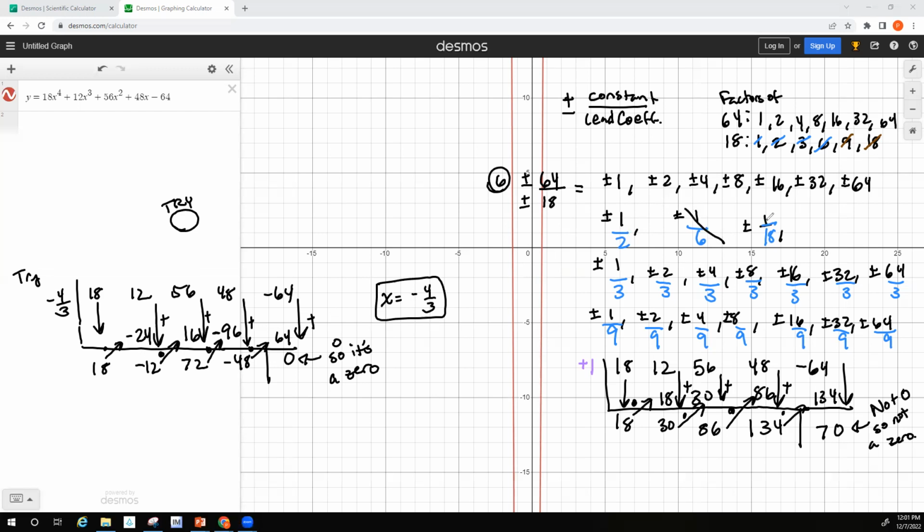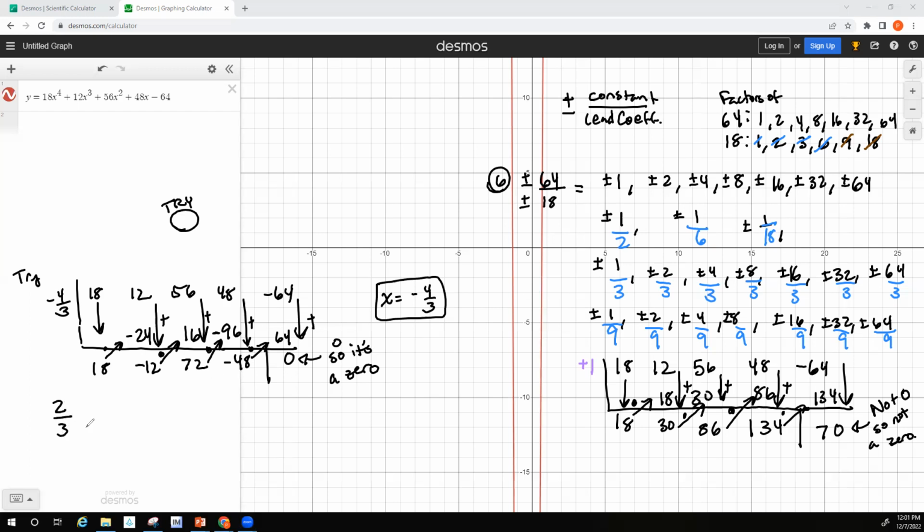Definitely more than this, because that's really, really small. So it's not those. 1/3 is 0.3. 2/3 is 0.66666. So it might be that one. All right, we're going to try that. And it's a positive. So we're going to try +2/3.